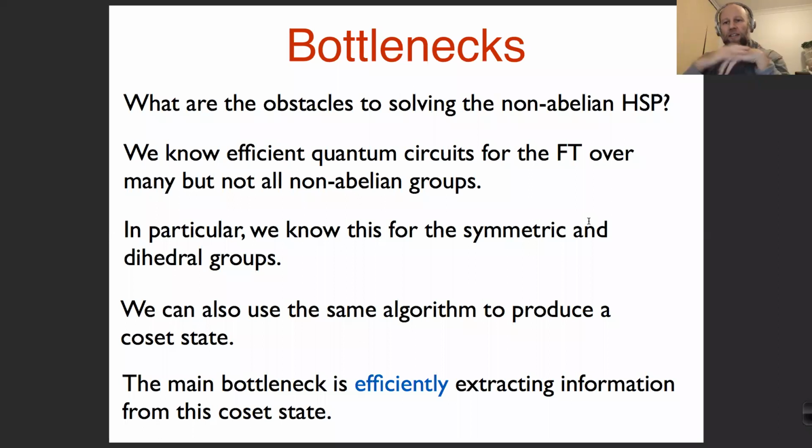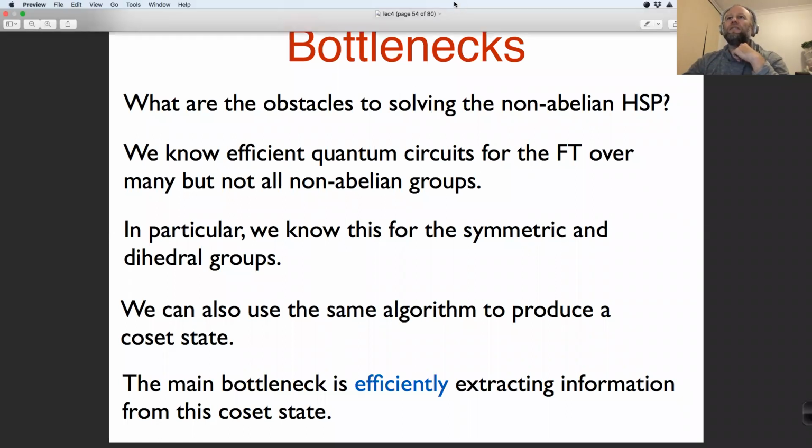So that seems to be the bottleneck here. You could prepare a coset state, do a Fourier transform and measure, but then we don't know how to use that information efficiently from a small number of samples to figure out the hidden subgroup. And of course, maybe you need to do something completely different in these cases. Okay, yeah, so that's it. I'll stop here.